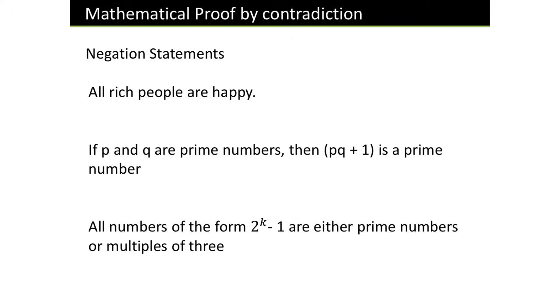Yeah, if P and Q are prime numbers, then PQ plus 1 is not a prime number. Okay, all numbers of the form 2 to the power of k minus 1 are either prime numbers or multiple of 3. So we're literally just going to put a not in there, aren't we? After the beginning of that statement. And that's what negation means.